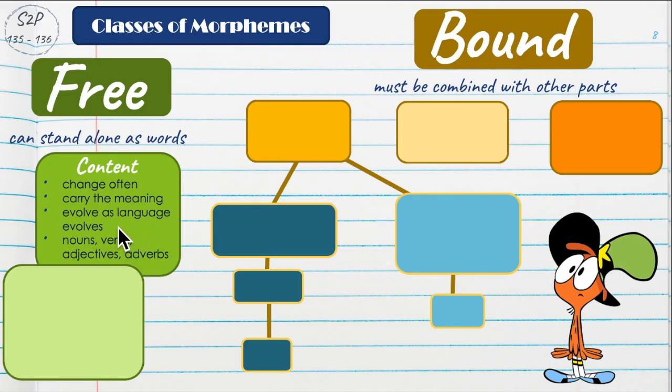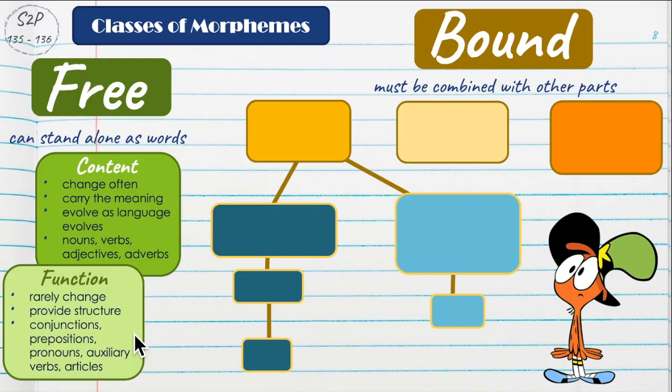So we get new words and new terms and phrases with every generation. Remember in chapter 4, we talked about what a batterfang was, and we looked at some of those passages from early English, and we're like, don't know exactly what it is. That's because those are all free morphemes, and they evolve as our language evolves. All of our nouns, verbs, adjectives, and adverbs are free morphemes.